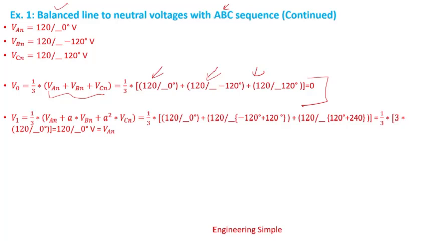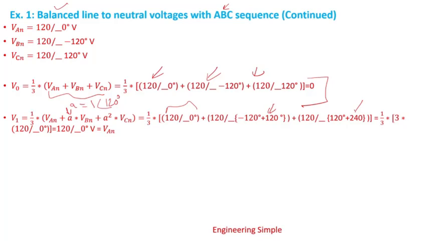V1 is 1 over 3 times VAN plus operator A, and if you remember from part 1, A is equal to a magnitude of 1 with an angle of 120 degrees, times VBN, plus A squared times VCN. So here's VAN. Here's VBN times operator A. That's why I'm adding 120 degrees here.